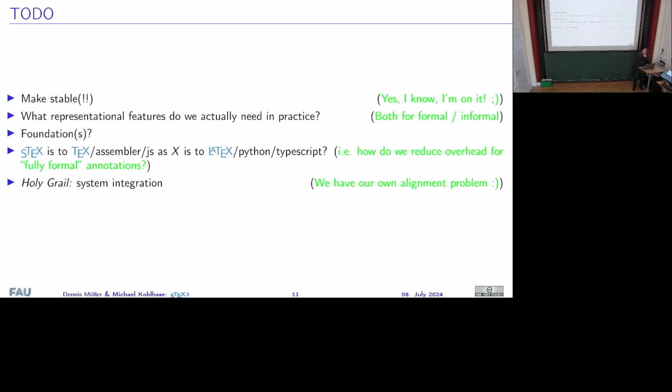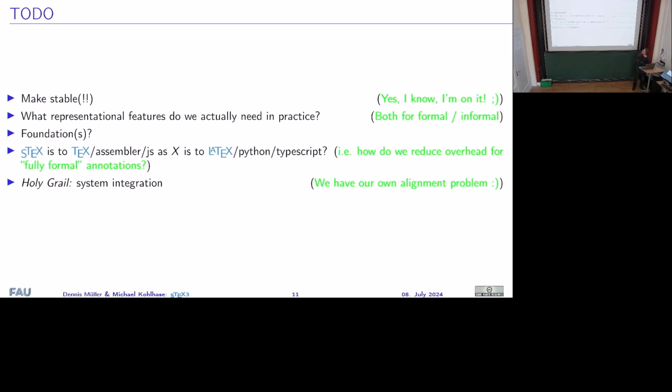If we want to sneak more formality into STEC content, of course, the obvious question is what kind of foundation we might need to use for that. In general, the goal is to stay foundation independent and correspondingly pluralistic, but there probably needs to be some kind of default that people can just work in without having to bother with things.